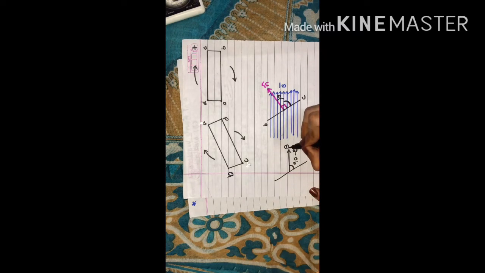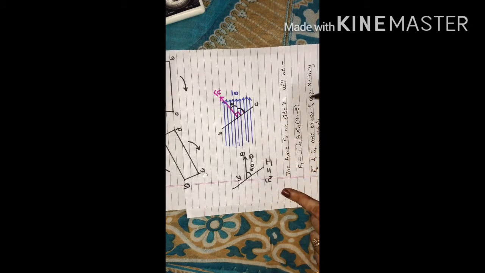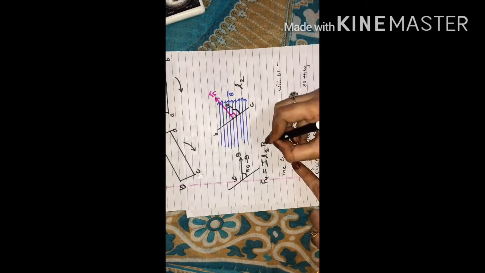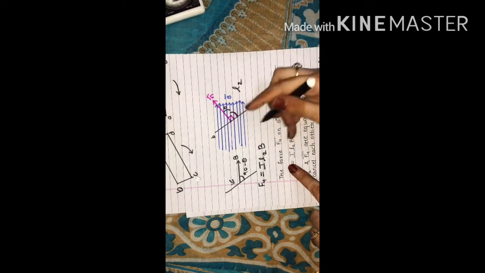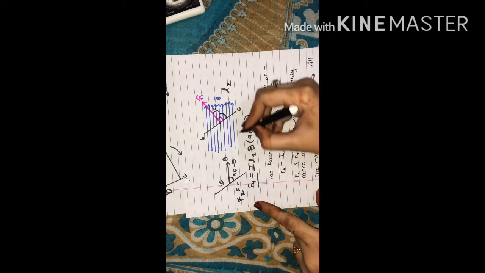So the force by the magnetic field on this side, F4, will be the current flowing, times the length of side BC, which as I told is the breadth L2, times the magnetic field, and the angle is 90 minus theta. This is the force F4, and the same will be my force F2, but with a negative sign.